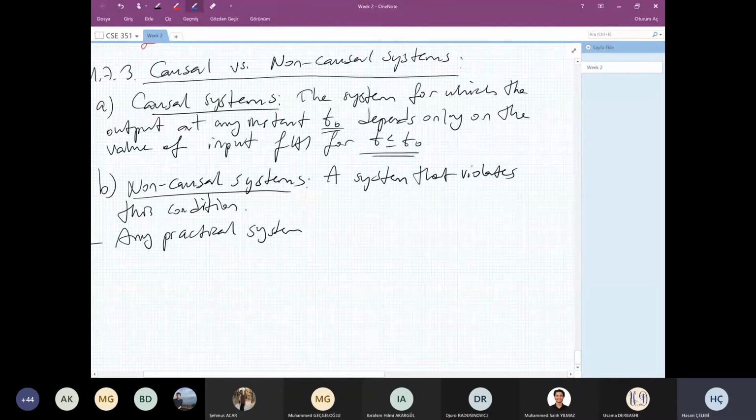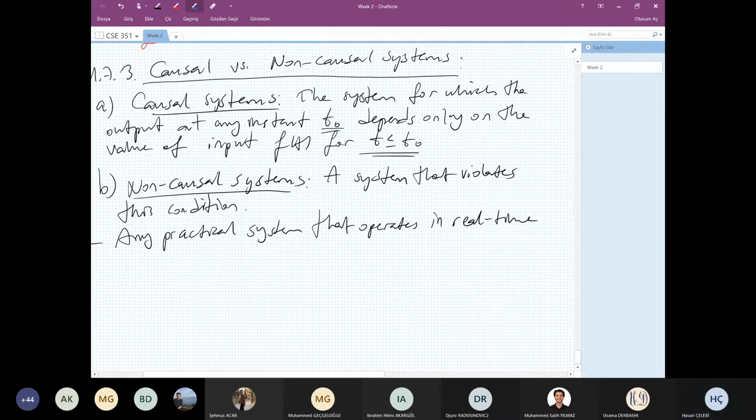Okay. Any practical system that operates in real time must necessarily be causal.